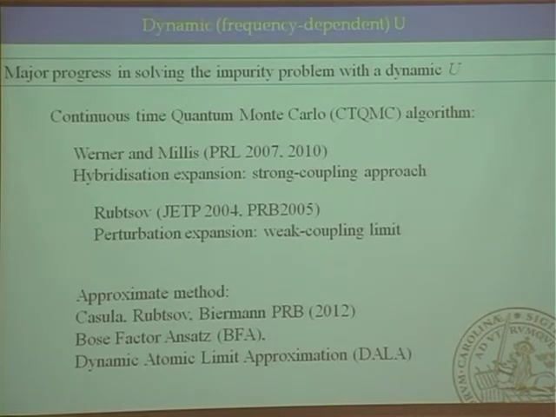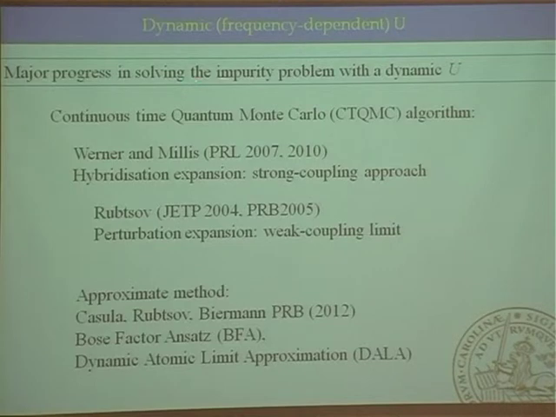And in the last part of the talk, I would like to spend a little bit of time on the recent development related to the dynamic, frequency-dependent U. This is a very new thing.